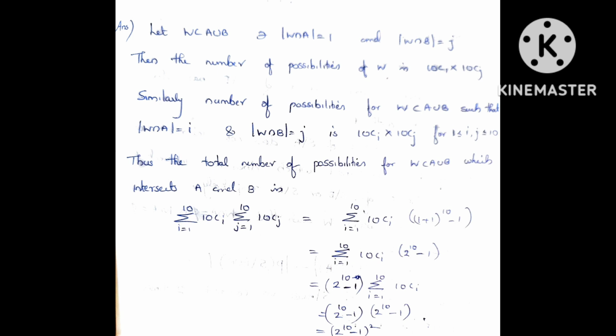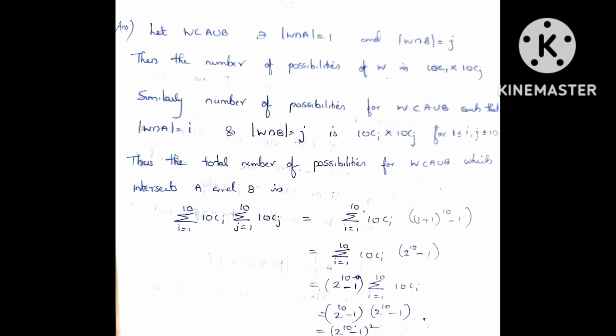Now, sigma I equal to 1 to 10 of 10CI, times sigma J equal to 1 to 10 of 10CJ. By the binomial expansion, we have sigma J equal to 1 to 10 of 10CJ is equal to (1 plus 1) raised to 10 minus 1, which is equal to 2 raised to 10 minus 1. So we get sigma I equal to 1 to 10 of 10CI into 2 raised to 10 minus 1.